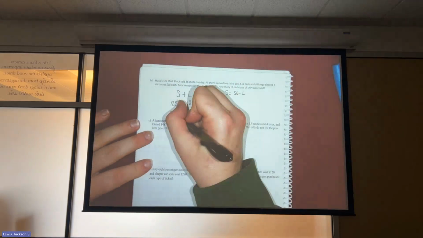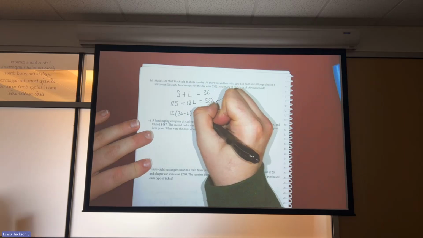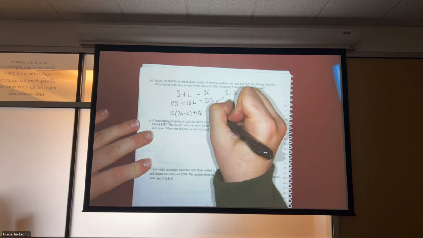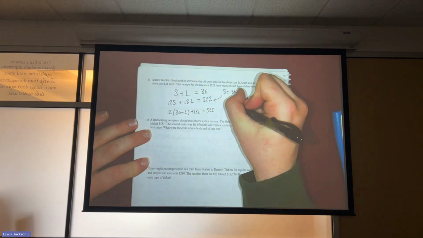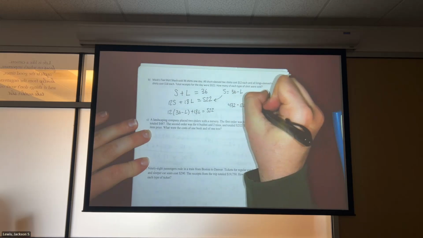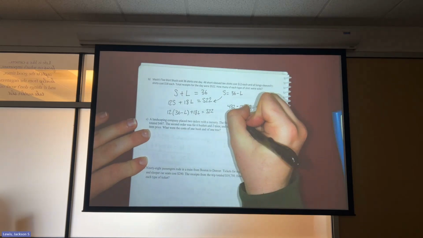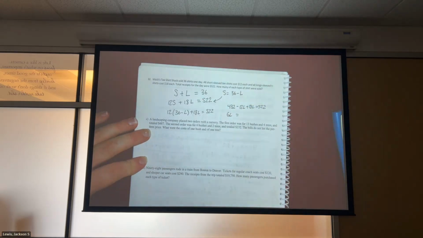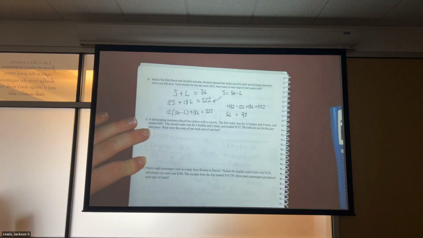And I get that 12 times 36 minus L plus 18L equals 522. 12 times 36 is 432 minus 12L, plus 18L equals 522. 6L is 90. So L equals 15.